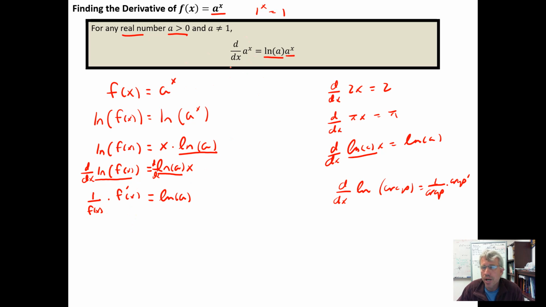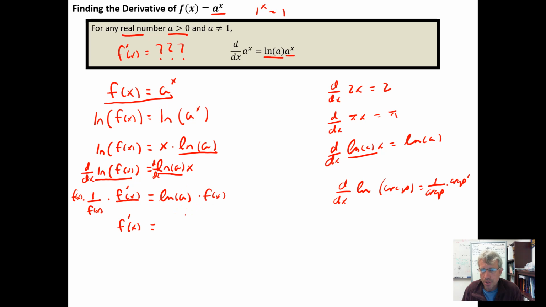And notice what we're trying to figure out is the derivative of a to the x. So we're actually trying to figure out what f prime of x equals if f of x equals a to the x. So all I need to do now is isolate f prime of x. I'm going to do that by multiplying both sides of this equation by f of x, which is going to isolate the f prime of x on the left-hand side.